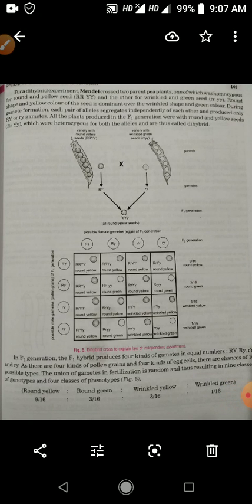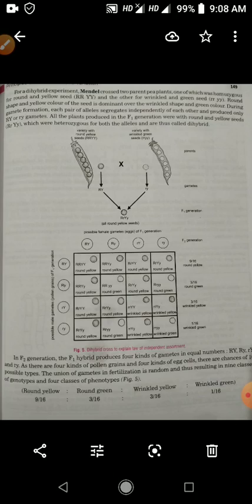Mendel found that cross between round yellow and wrinkled green seed produced only round yellow seed in F1 generation, but in F2 generation seeds of 4 phenotypes were produced. 2 of these phenotypes were similar to the parental combination, round yellow and wrinkled green. 2 more new combinations he found, that were green round and yellow wrinkled.